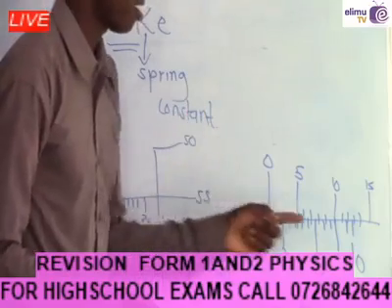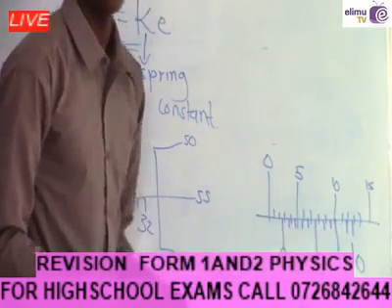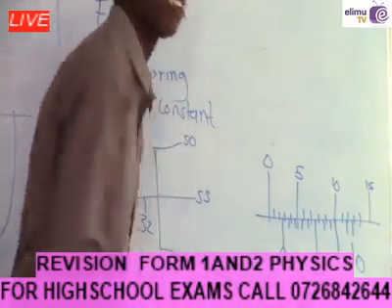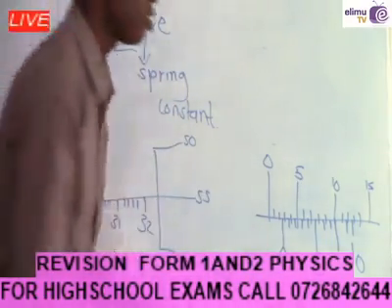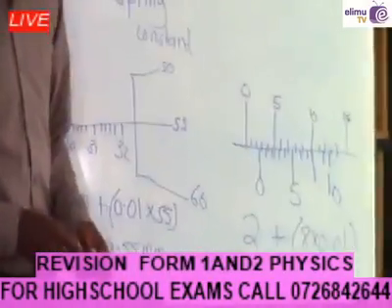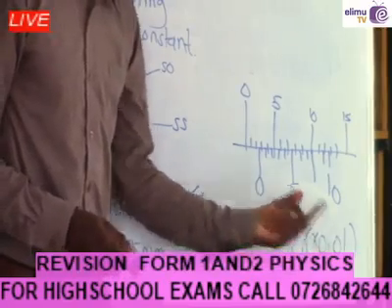Where do they match? They match here at 5, 6, 7, 8. They match at 8. So at this point we are taking 8 multiplied by the least count. Our least count is simply 0.01. So we have 2 added to the bracket, 8 times 0.01.